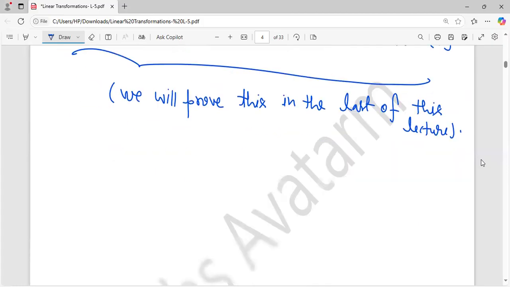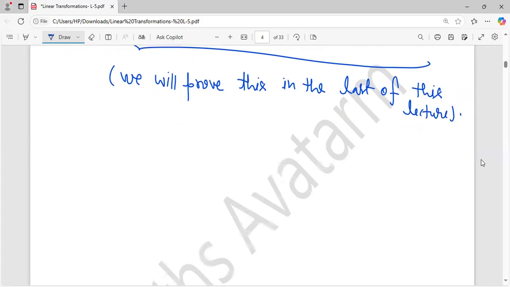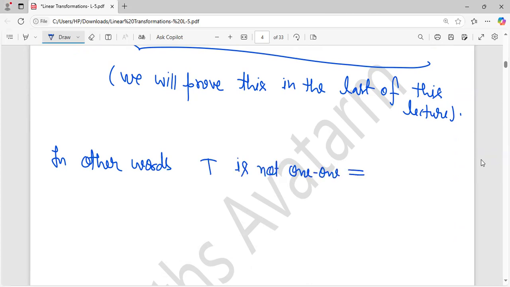In other words, T is not one-one if and only if the null space of T is not equal to {0}.